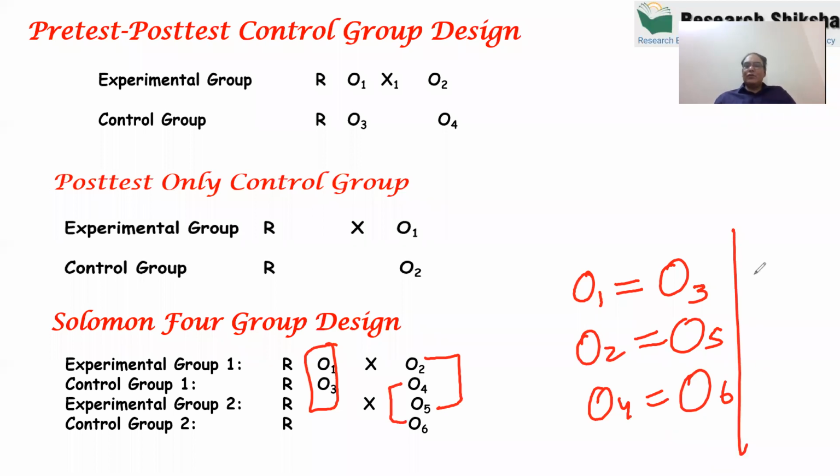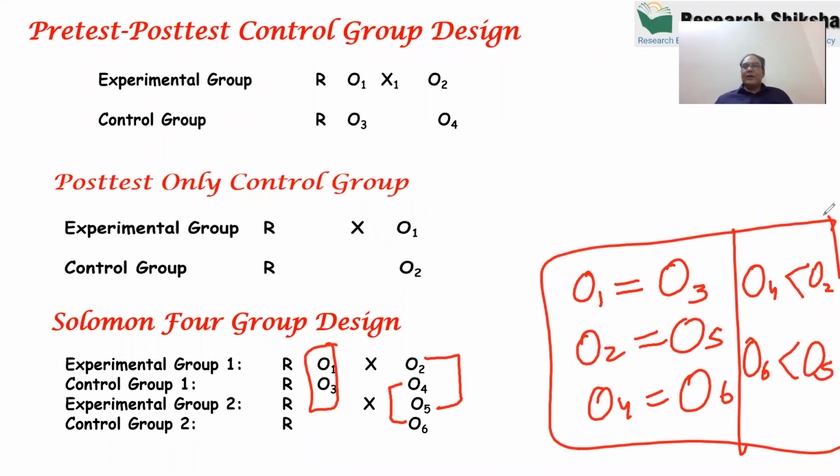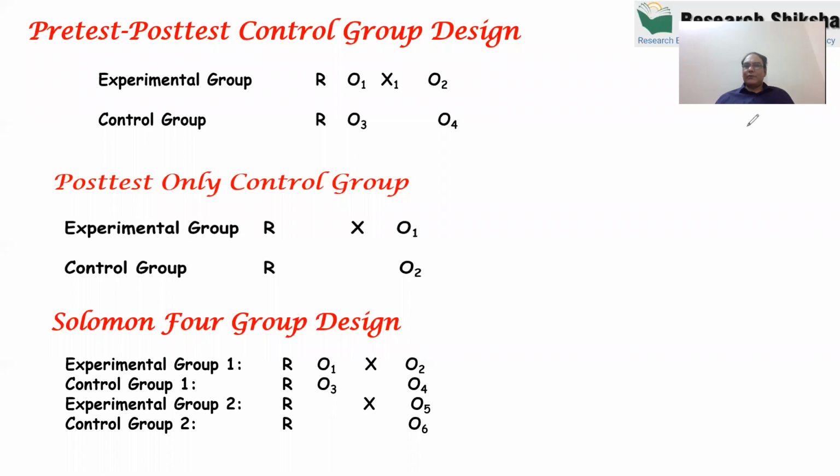And after that, you have to prove that O4 should be less than O2 and O6 should be less than O5. If you can prove this, it means the experiment is having a significant effect on the performance, on the outcome variable. And I hope these are very easy things, and I hope you are getting it.